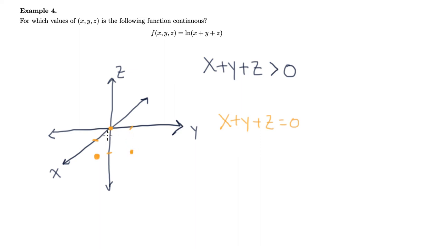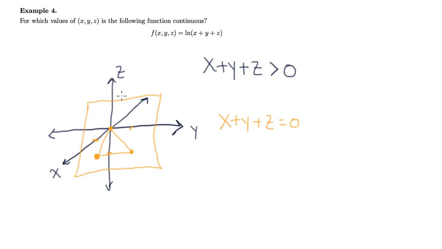And so this plane is going to be determined by these 3 points, and we can sort of imagine it's leaning into the z-axis that way. So there's our plane passing through those 3 points. Now we're considering the set of points for which x plus y plus z is greater than 0.